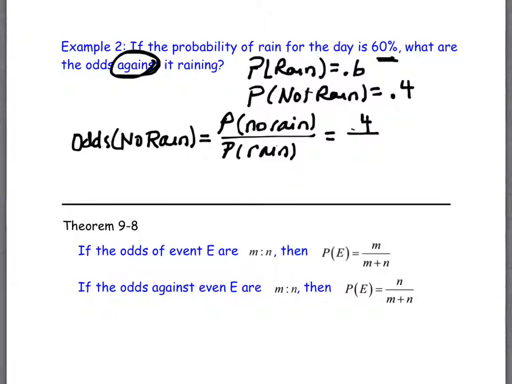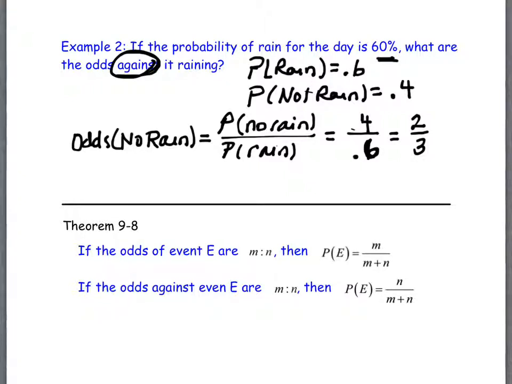And the probability that it rains is 0.6. And if we simplify this into a fraction in lowest form and so forth, what do we get? What is it? 2 over 3.